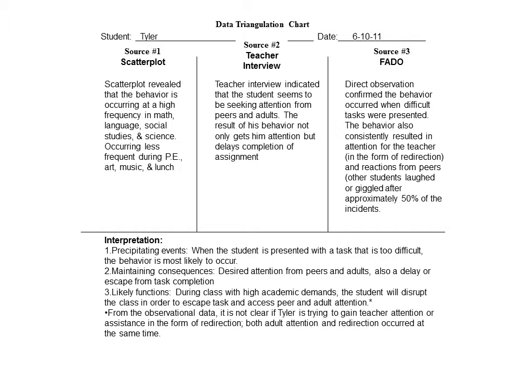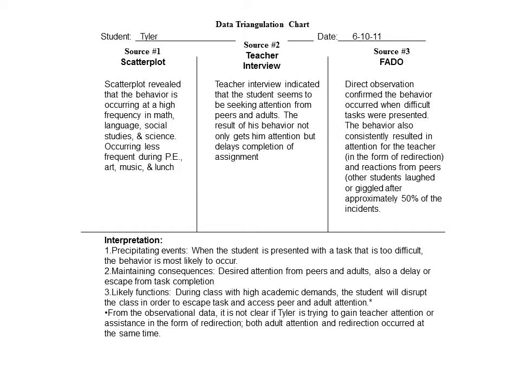So when we interpret all of this, the precipitating events or the antecedents, it's clear that when he gets something that may be too difficult, that's when we're most likely to see a problem. The maintaining consequences based on our three sources of data, well, certainly with two of those three, it's desired attention from adults and peers, and possibly also a delay in the task.